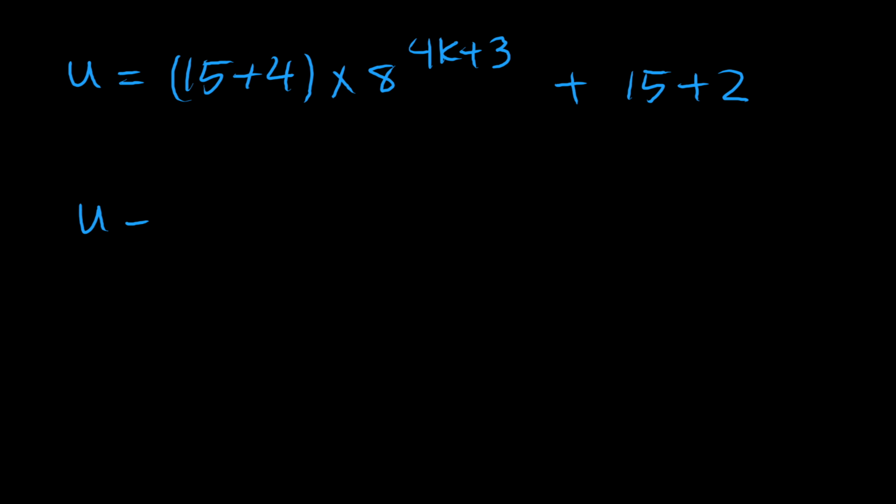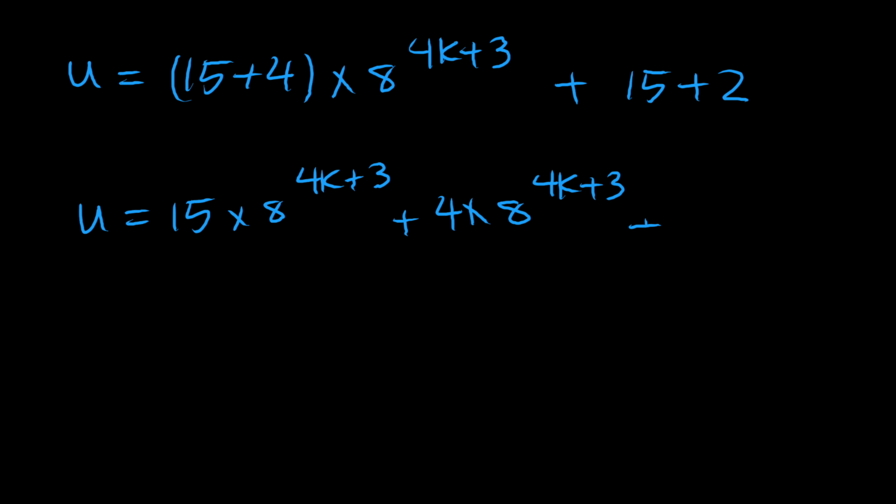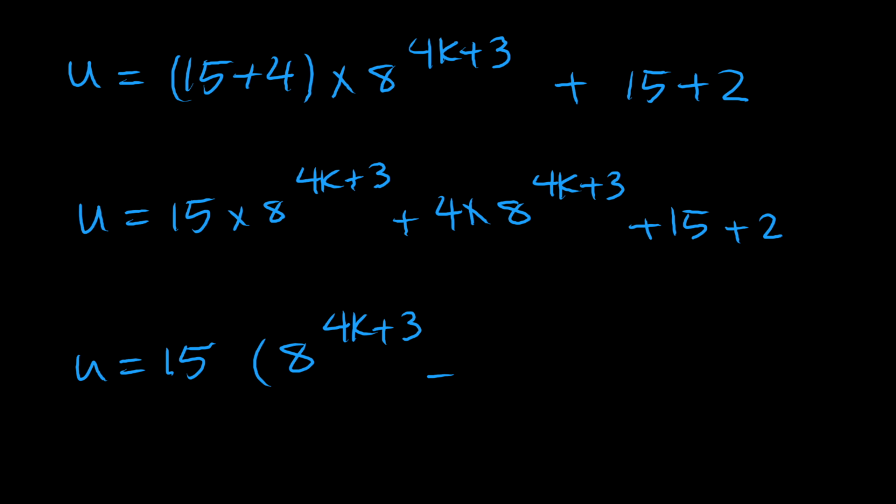So we have u equals 15 times 8 to the power of 4k plus 3 plus 4 times 8 to the power of 4k plus 3 plus 15 plus 2. Next, let's go ahead and factor out 15 out of these two and factor out 2 out of these two. So we're going to have u equals 15 times 8 to the power of 4k plus 3 plus 1 plus 2 times 8 to the power of 4k plus 3 and then plus 1.